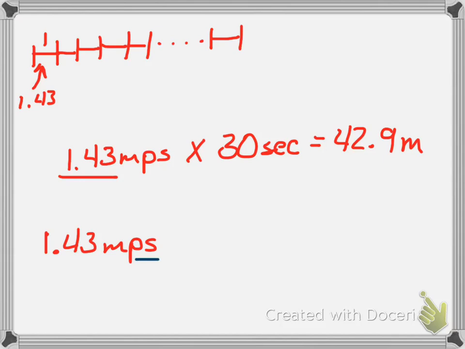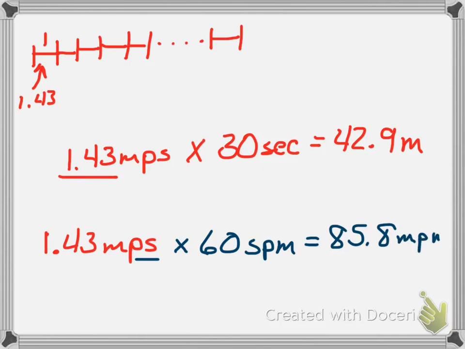The next one said, well, what about a certain number of minutes? Well, I know that in 1 minute, there are 60 seconds. So if I just multiply the 1.43 times 60, that's going to give me 85.8 meters per minute. And then I can just multiply that by the number of minutes.